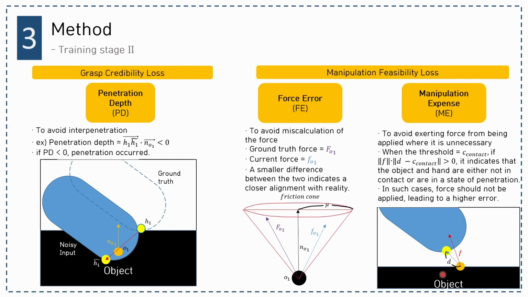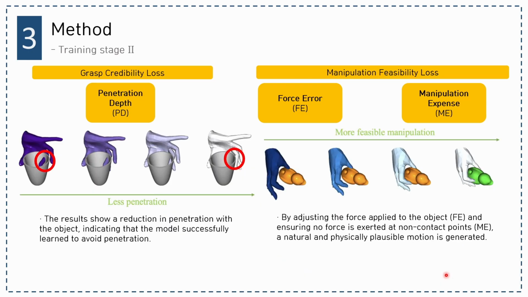As force should not be applied outside contact points, loss increases in such cases, guiding the model to apply force only when the finger is within a certain distance from the object. In summary, GCL prevents penetration, while MFL ensures stable object grasps without interpenetration or detachment, ultimately producing physically plausible motions.